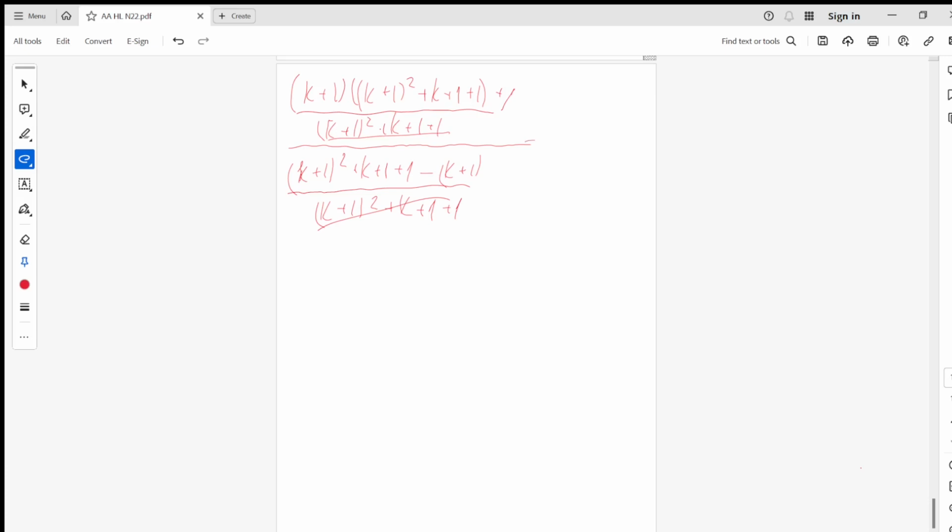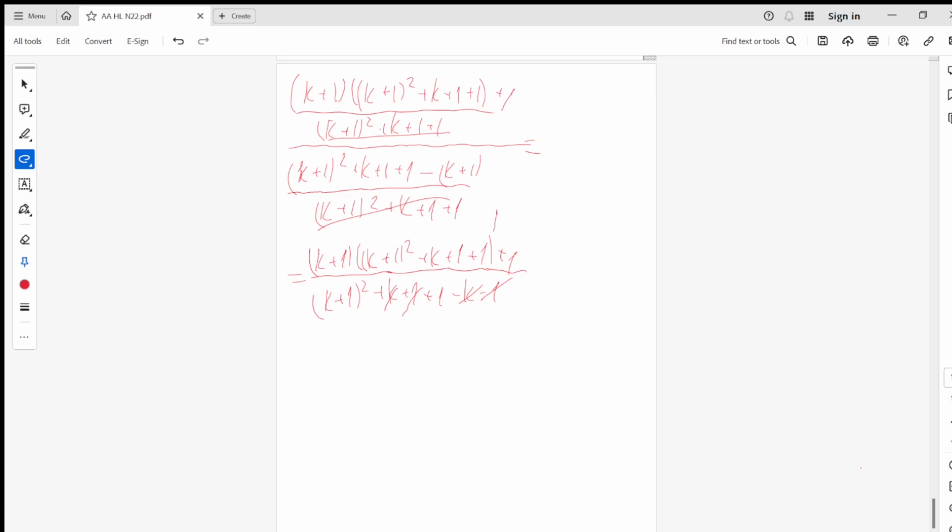This and this are going to cancel. We will end up with k plus 1 times k plus 1 squared plus k plus 1 plus 1 and plus 1. And here it would be k plus 1 squared plus k plus 1 plus 1 minus k and minus 1. This and this are going to cancel.